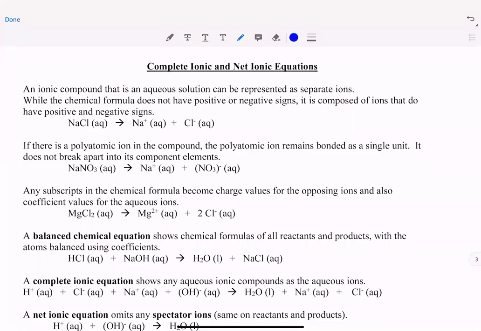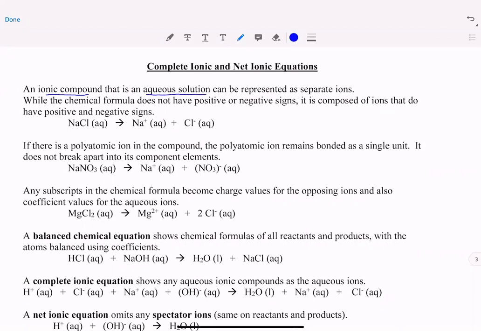So let's get through this worksheet and actively work on figuring out the complete ionic equation, and then you basically start getting rid of spectators to get to the net ionic equation. This all falls into aqueous solutions to start with. Remember, when an ionic compound is dissolved, you have aqueous ions, and it's called an aqueous solution.